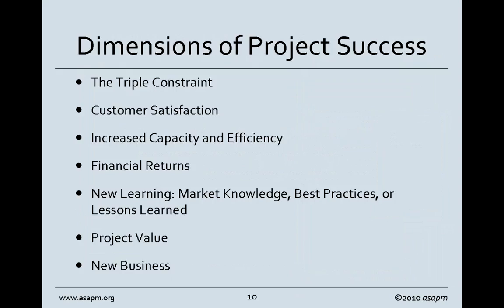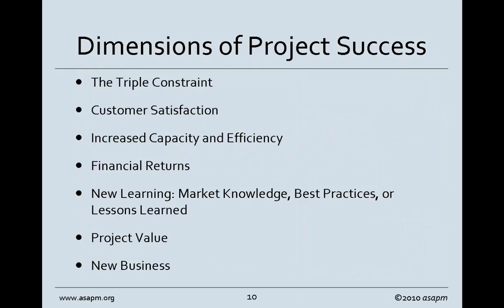Well, the only thing that I would add to this in terms of dimensions of project success is that years ago, and I'll go back to my time just starting with PMI a little over 20 years ago, the triple constraint was basically the measure of project success: on time, within budget, according to specifications.